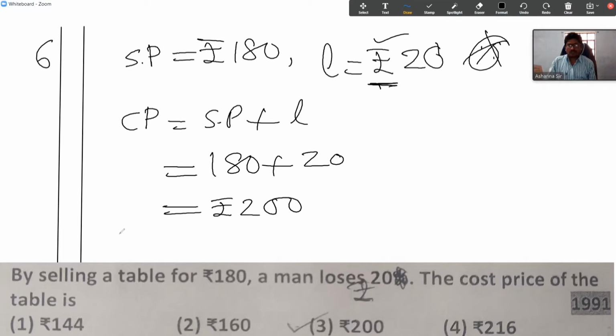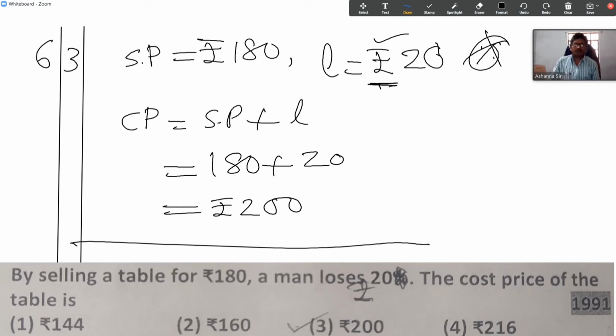This is the answer. Option 3. In this sixth problem, you have to correct the question. Here you keep rupees, losses, rupees.